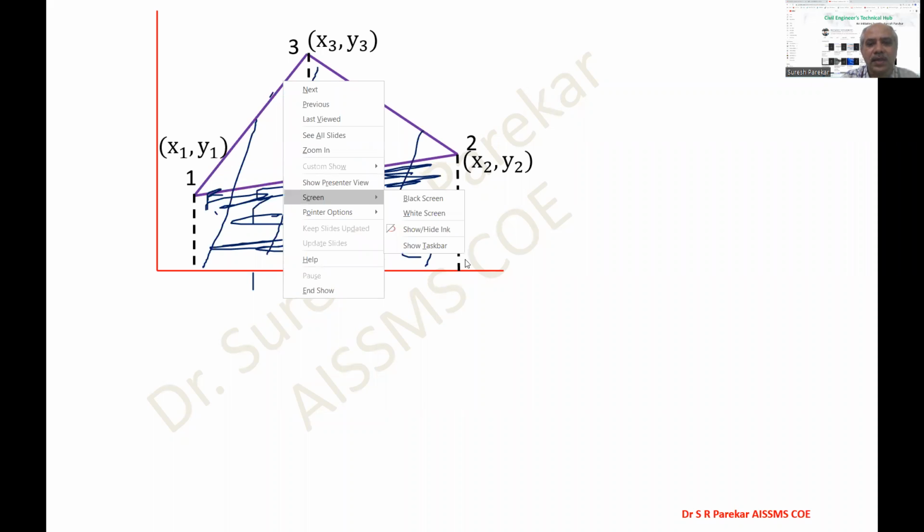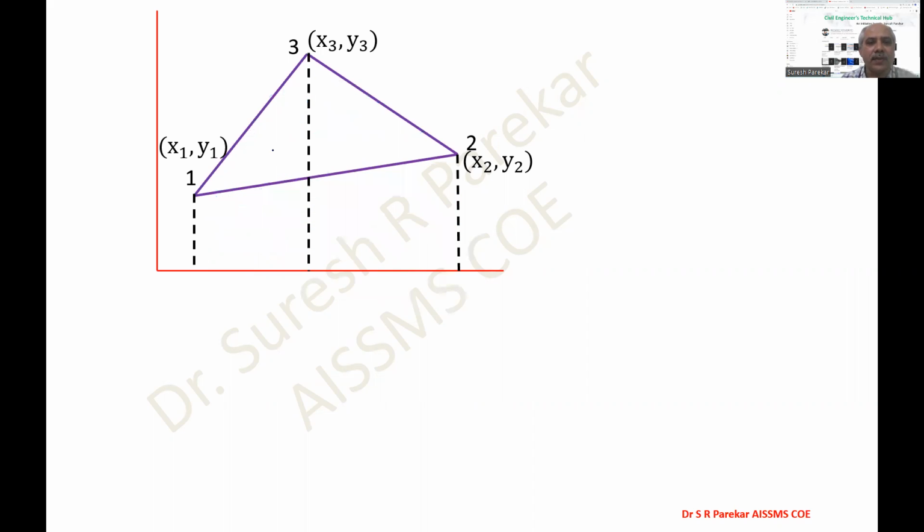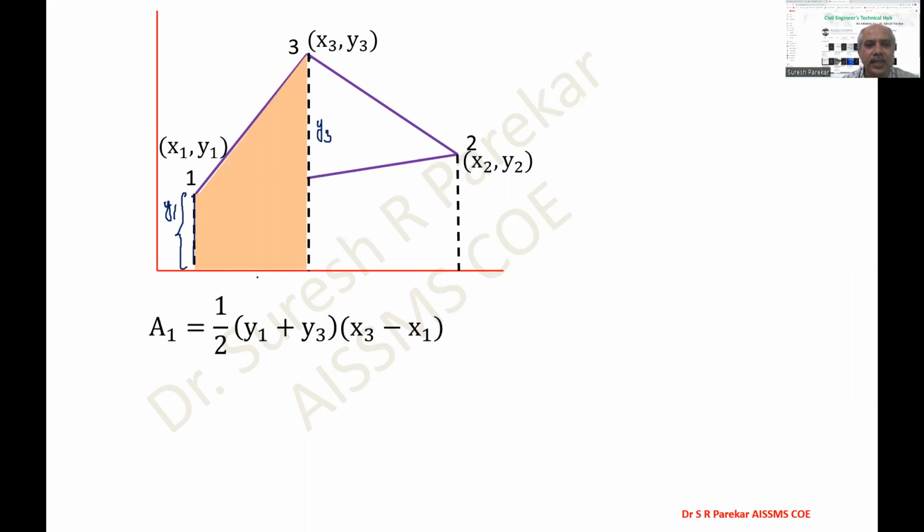We will consider the trapezoids one by one. So first I will consider this trapezoid, which will be A1. Now you can see this. So we have this trapezoid, and we have this value y1, this value y3, and then we have the height, that will be x3 minus x1.